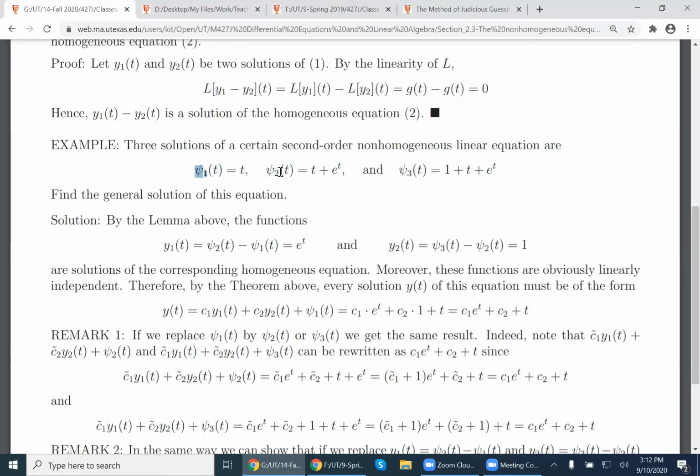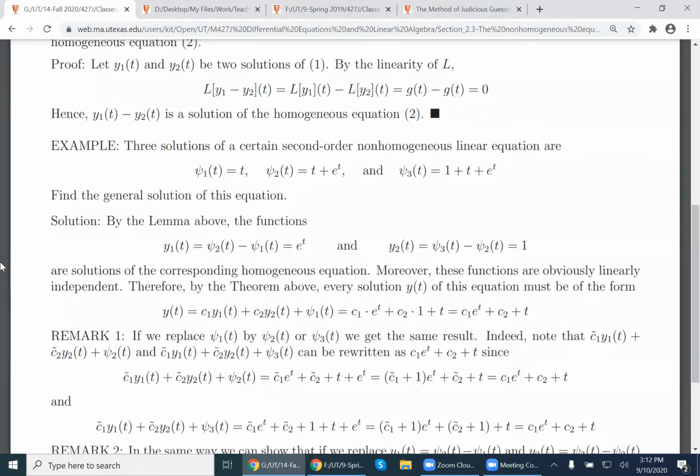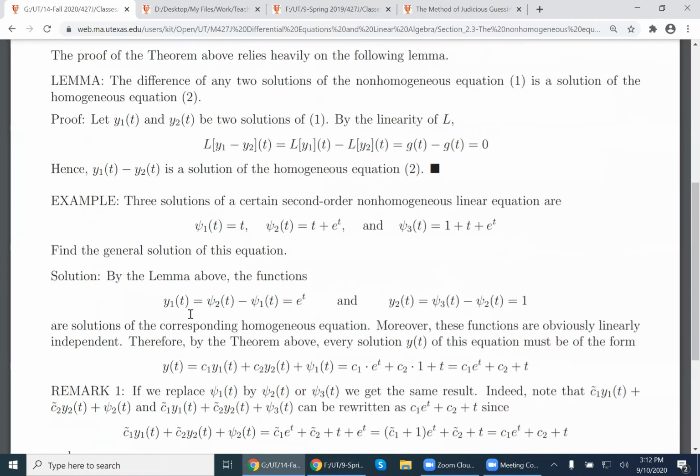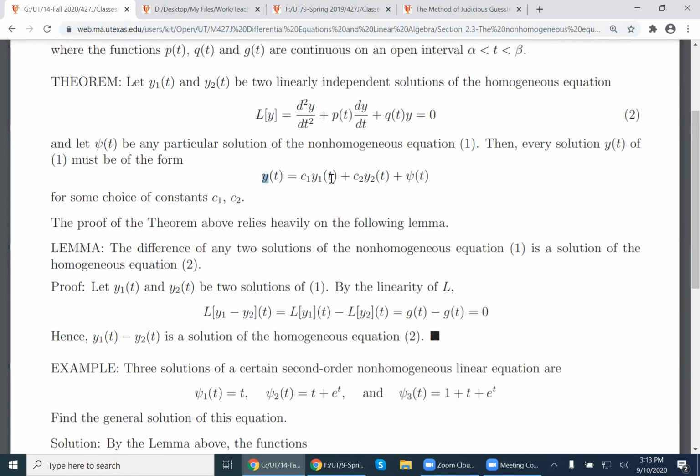Psi1 is a solution, psi2 is a solution, psi3 is a solution. So if we go back to just above there, where it's y of t, c1, y1, c, yes. In this case, we're saying that y of t equals psi of 1 or psi of 2. No. Give me a second. Know that this is a copy of this.